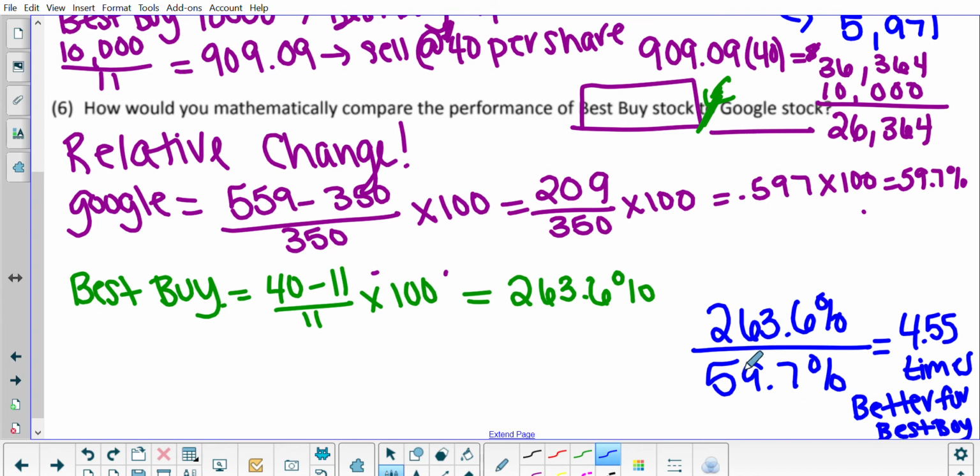What's interesting is that if I were to take my 2 profits and also divide them, I'm going to get something really close to that 4.55. Let's see what we get.